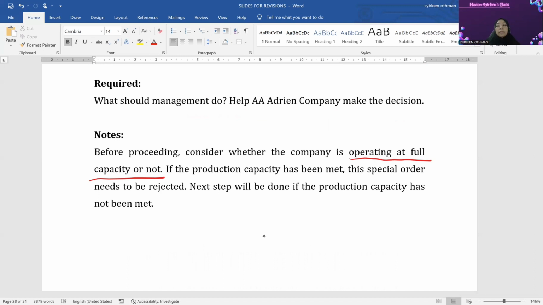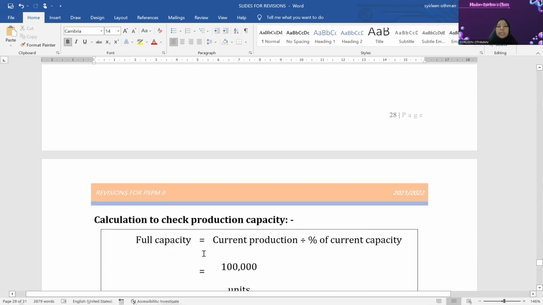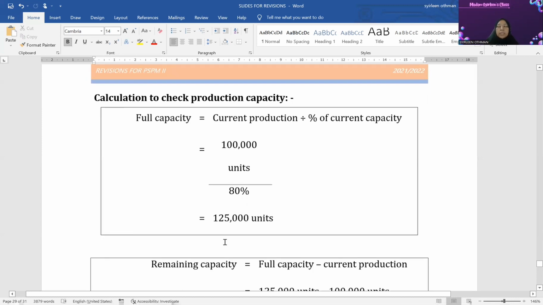So if the company is already operating at the full capacity, so you don't need to consider the request by doing the calculation table. You can just simply reject the special order, but you must second your decision by a simple calculation which states that you are actually operating at the full capacity.